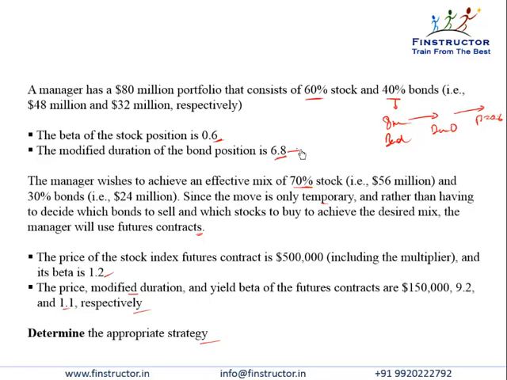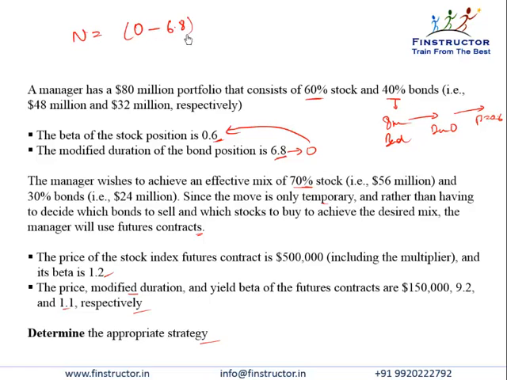So the 6.8 has to first become 0 and the 0 then has to become 0.6.